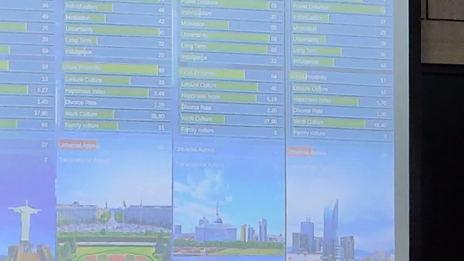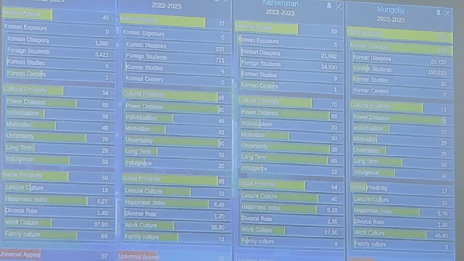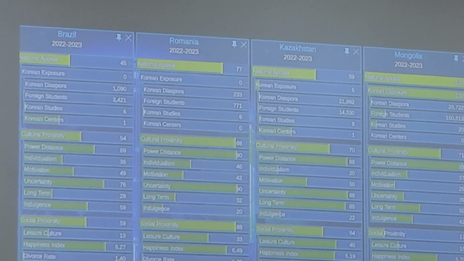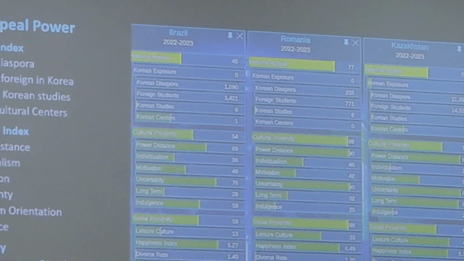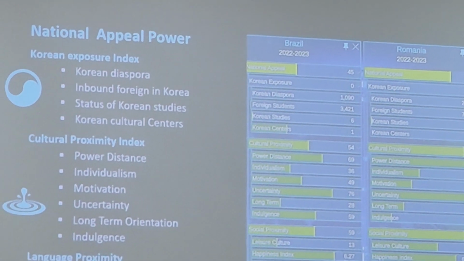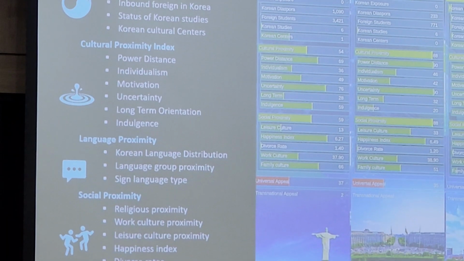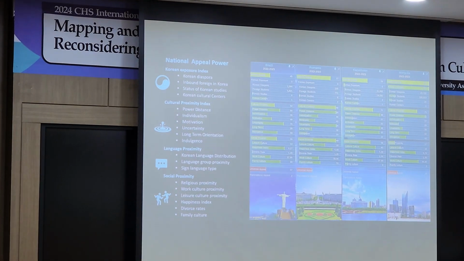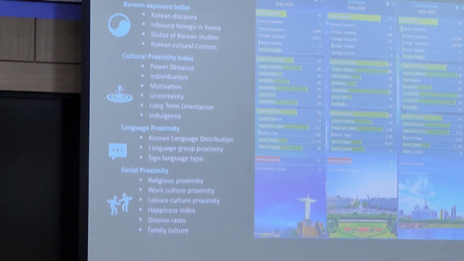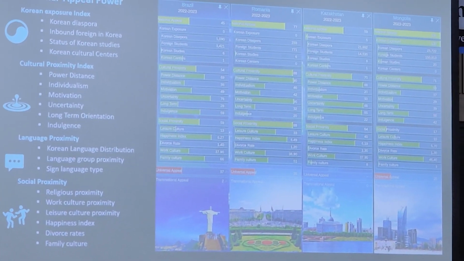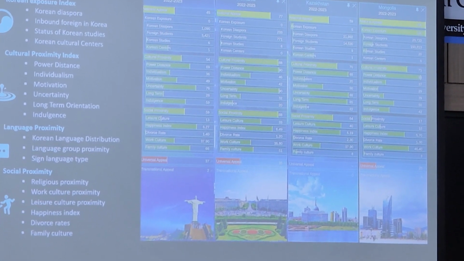I also look at language proximities, in terms of the distribution of the Korean language around the world, language group proximity, or even sign language type. I also look at social proximities: religious proximities, work culture, leisure culture, happiness index, divorce rates, family culture, all these things, also looking at to what extent it is similar or different, measured in numbers.